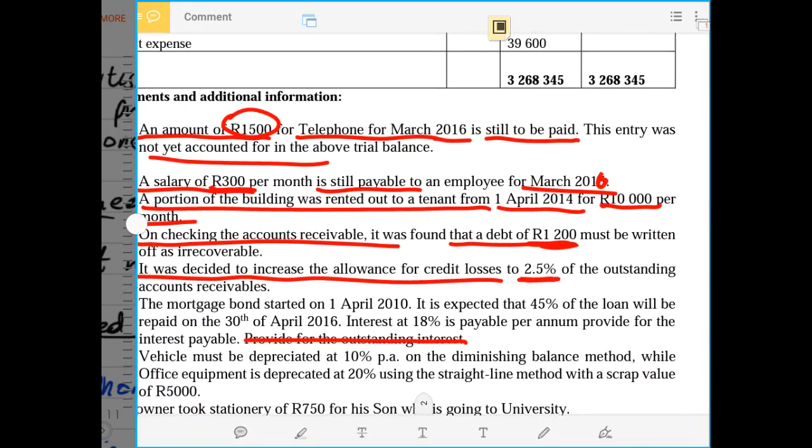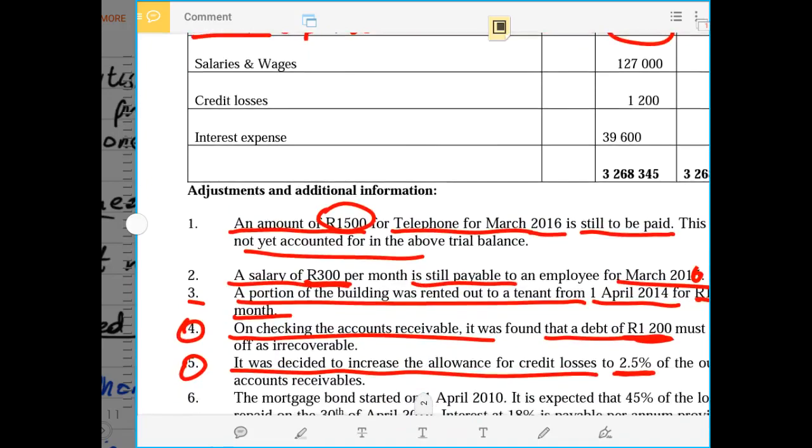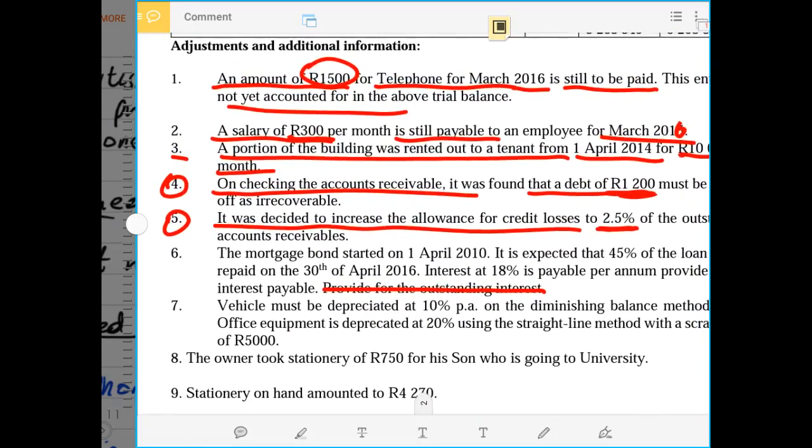That means we have to record our outstanding credit losses, and in the trial balance we had an amount of our outstanding credit loss. I will show you that now. So now we know that it must be out of the outstanding debtors, 2.5%.